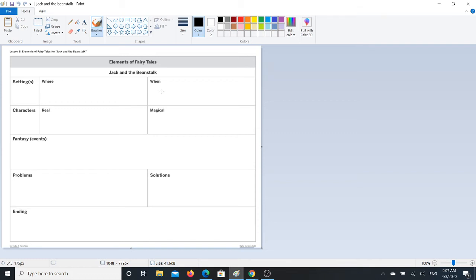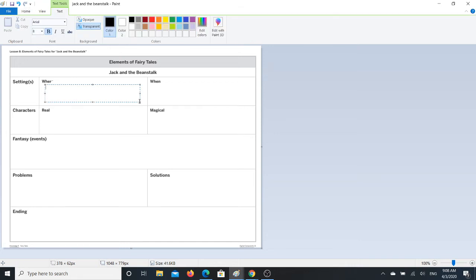So let's think about this. So what is the setting? Let's see. The where. Oops. Hold on. I made a mistake here. So the where tells, the story starts out at Jack's house, right?